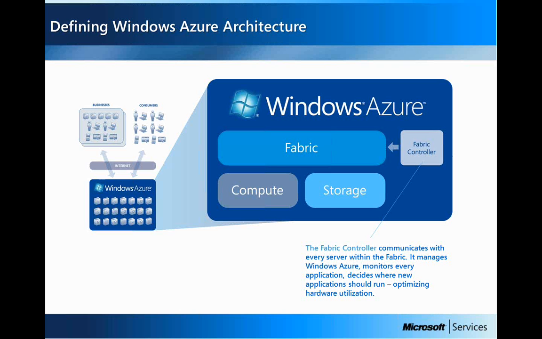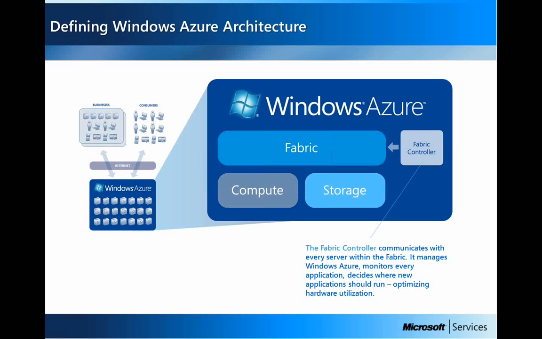Your request will go to that Southeast Asia data center, and there must be some Fabric controller which is actually monitoring the group of 5 to 7 machines. It receives your request, it reads the configuration file. If you have mentioned 3 instances, it immediately starts preparing 3 VMs to run those 3 instances.